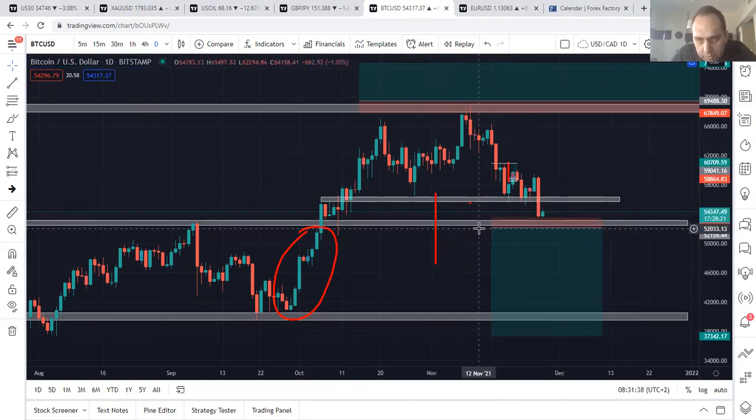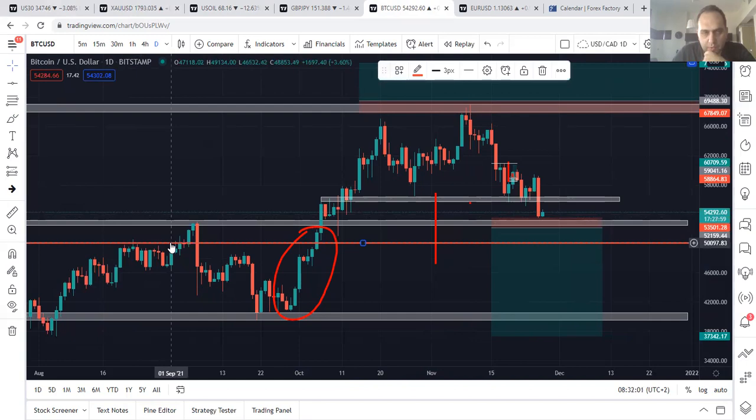If it makes a wick and continues the fall, our entry will be 52,099 and 52,100, TP1 51,600, and then TP2 will be here. Sorry, I'm checking things without drawing because it's visual.